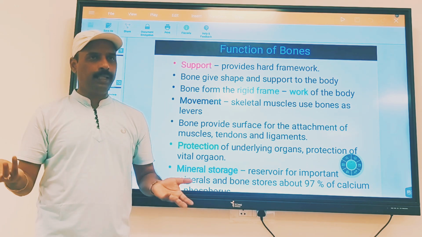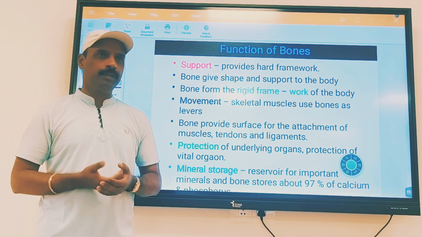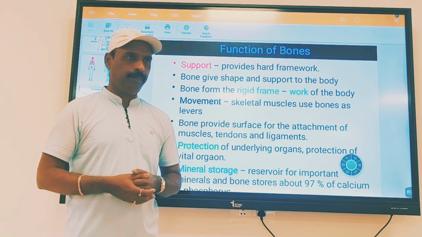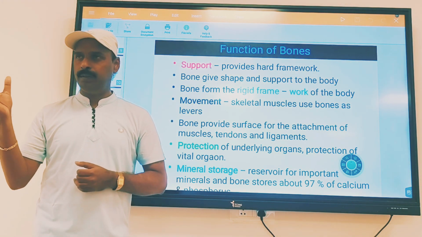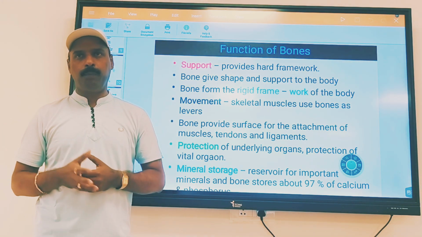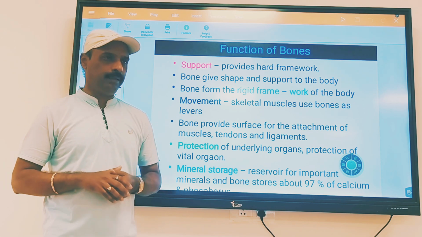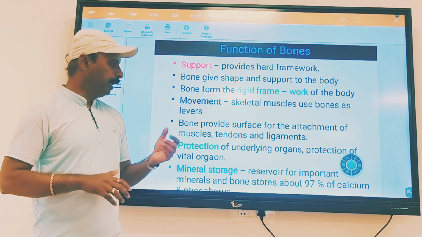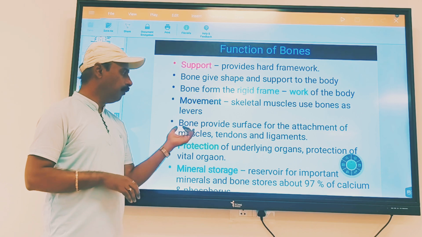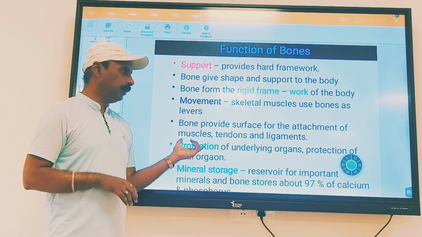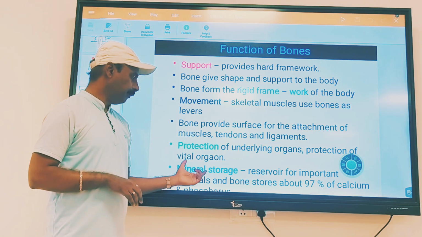If one limb is removed, we can survive. If the heart is removed, we cannot survive. If the brain is removed, we cannot survive. One kidney removed, okay, we can survive. Both removed means that is also vital. So this is very important to understand the meaning of vital organ. That is protection.